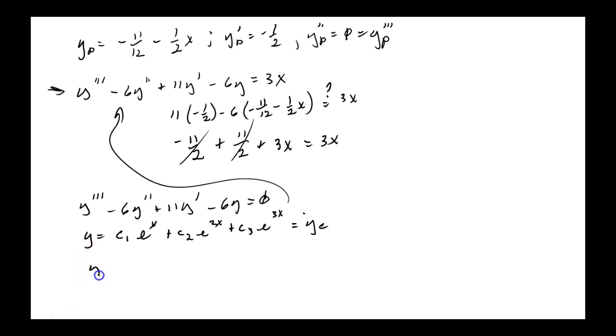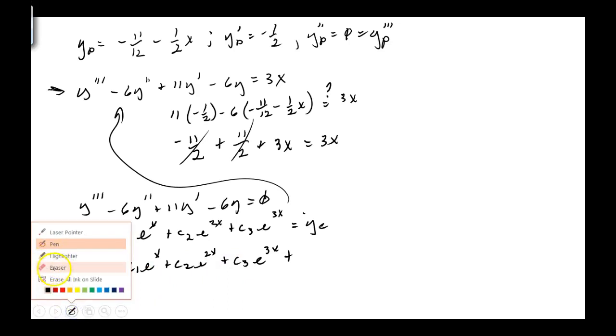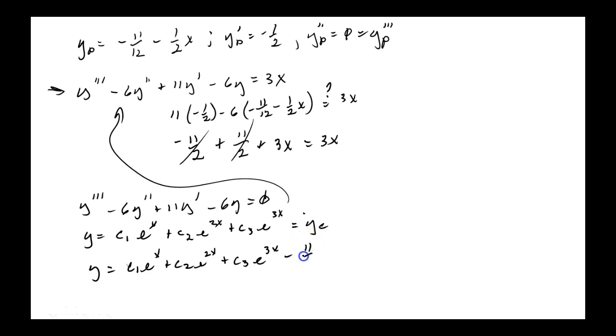So now your general solution for the non-homogeneous case that we're given here would be C1 e to the x plus C2 e to the 2x plus C3 e to the 3x plus your particular solution, which was actually, in this case, minus 11/12 minus 1/2 x. That's your general solution.